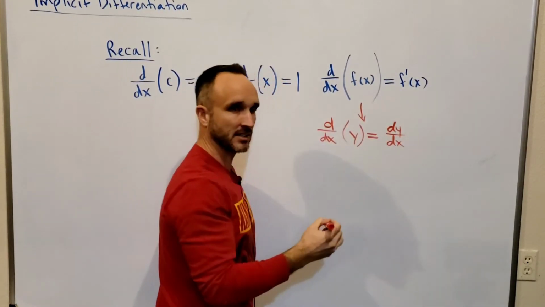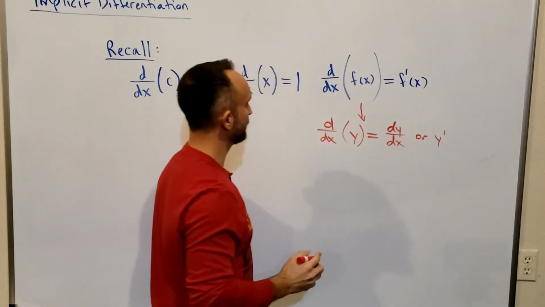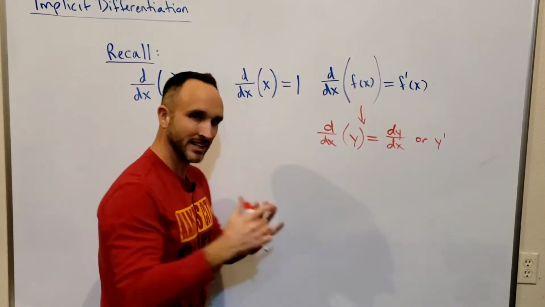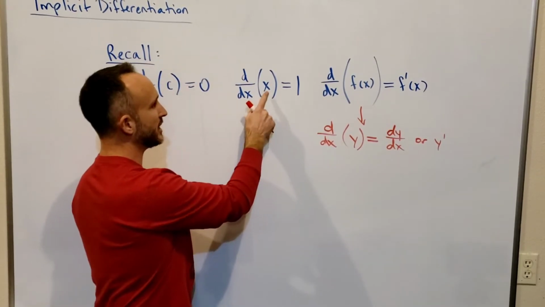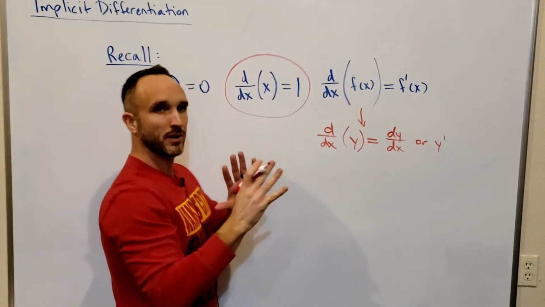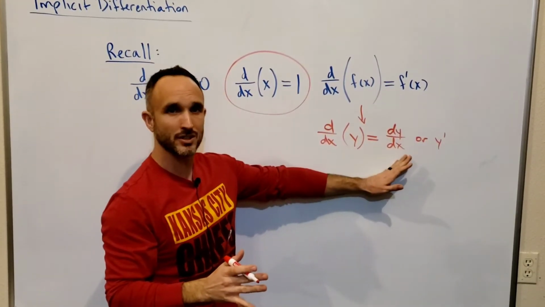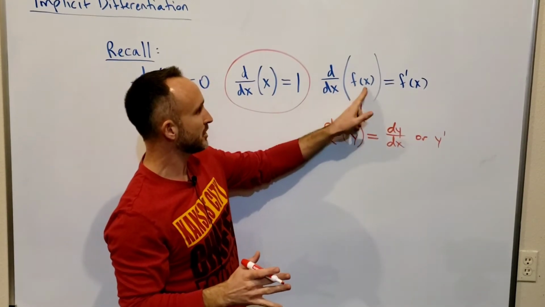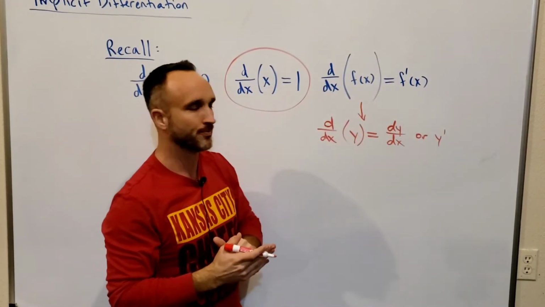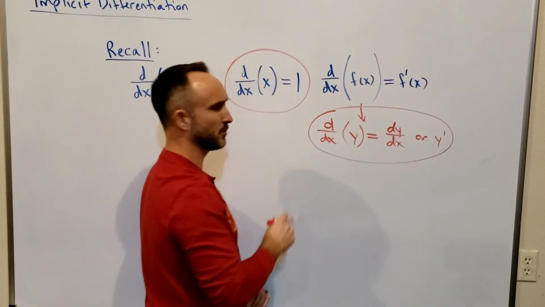Or you could call it y prime. Now, what I'm trying to get you to see is if you differentiate x with respect to x, you get the constant 1, okay? But if you differentiate y with respect to x, you don't have the same behavior because y is a function of x and it exhibits this behavior. All right, so make sure you understand the difference between those two.